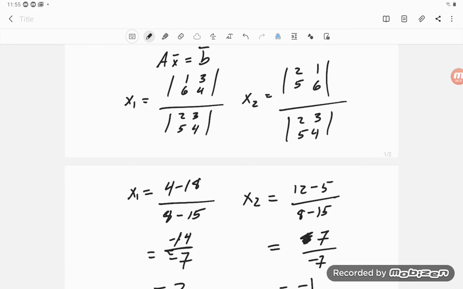But in the end, it's not the way you'd want to solve these. There are many better numerical ways to get this done. But that's Cramer's rule. I'm not going to worry about the proof here.